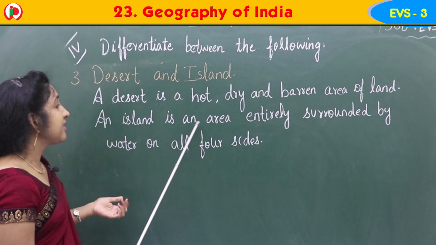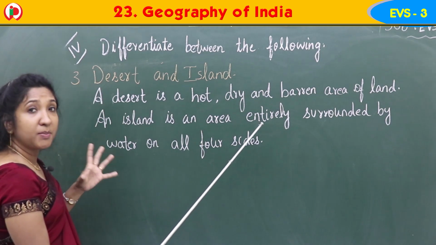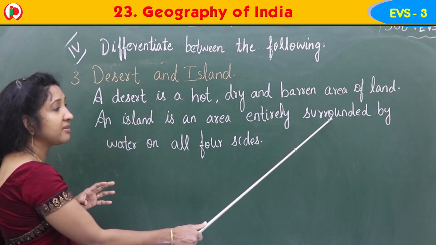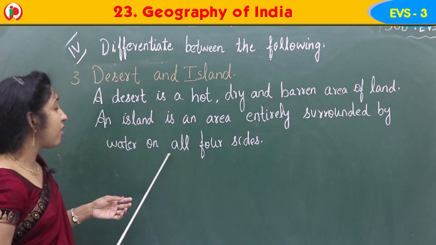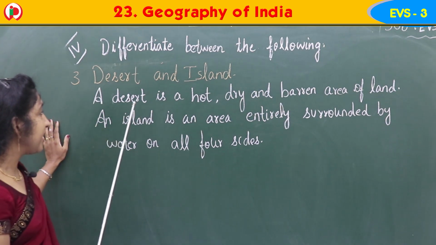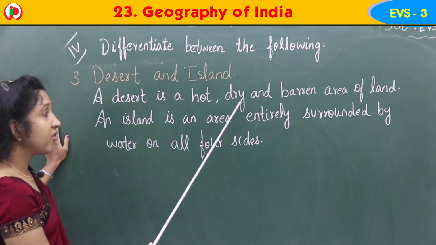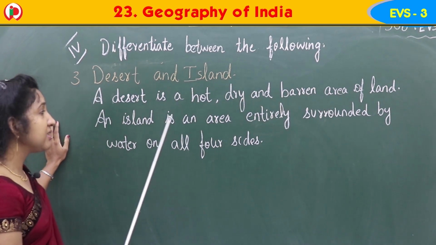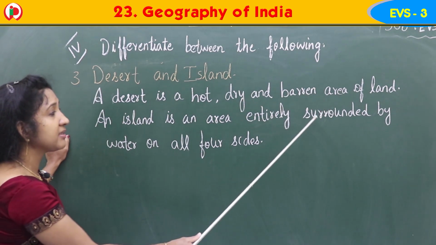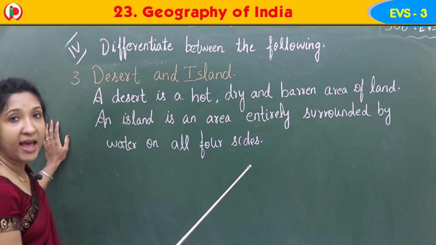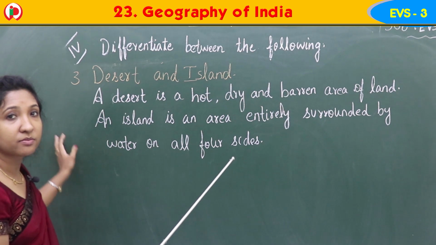An island is an area entirely, completely surrounded, S-U-R-R-O-U-N-D-E-D, surrounded by water on all four sides. So, desert and island. A desert is a hot, dry and barren area of land. An island is an area entirely surrounded by water on all four sides. Okay.